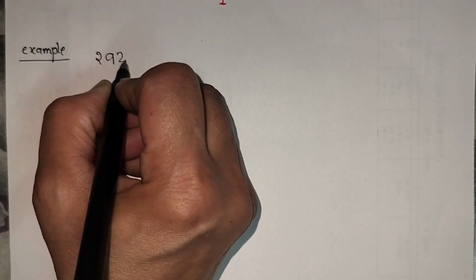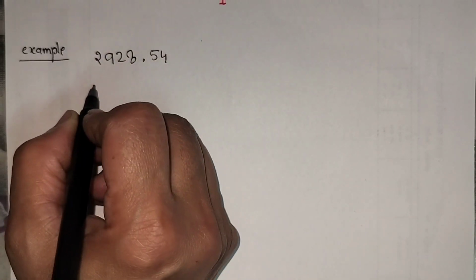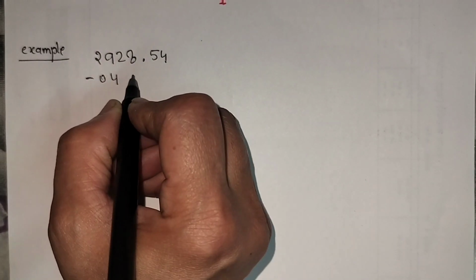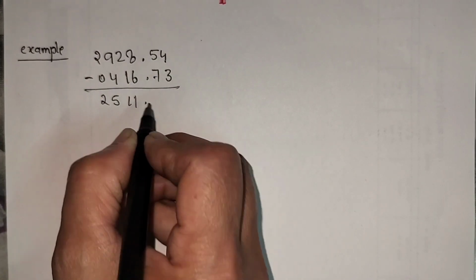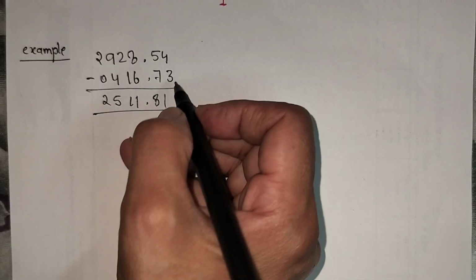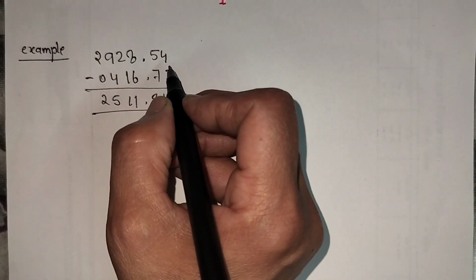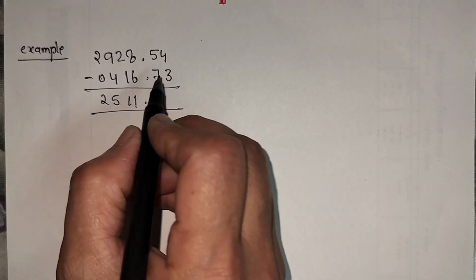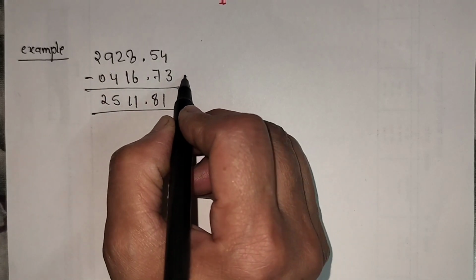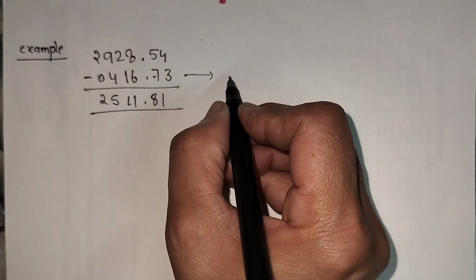Here we are writing decimal number. Now we'll find decimal subtraction using tens complement. So to do this, first we will find the tens complement of the subtrahend. To find the tens complement, first we will find the nines complement.